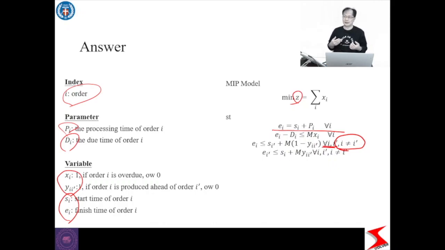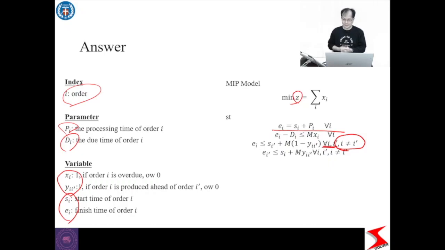If we have 10 orders, if we have 20 orders, you can try to do that by yourself. So you will know building a mathematical model has a lot of advantage and saves our time if the number of orders is getting larger.